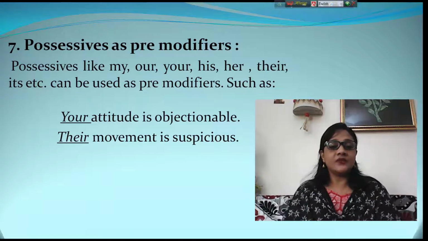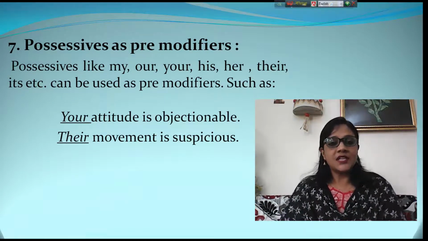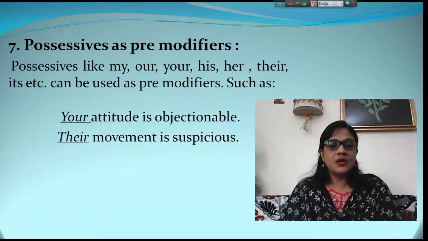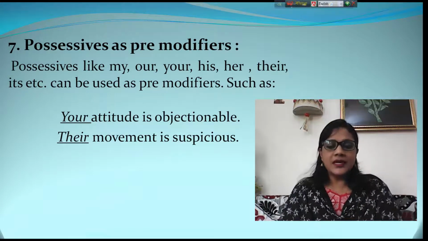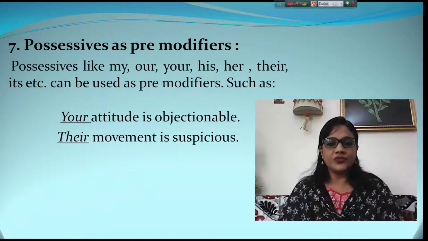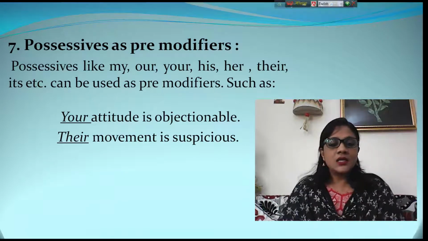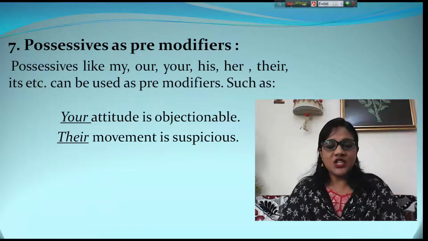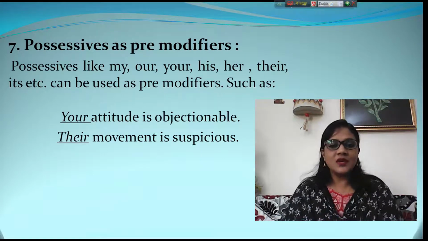Then, in number 7 you see possessives as pre-modifiers. Possessives like my, our, your, his, her, their, its, etc. can be used as pre-modifiers, such as: your attitude is objectionable, their movement is suspicious.